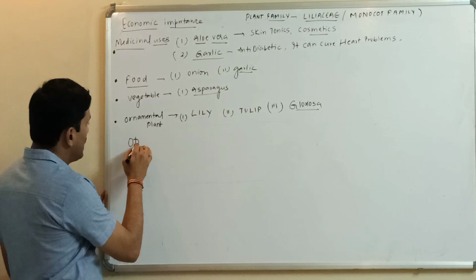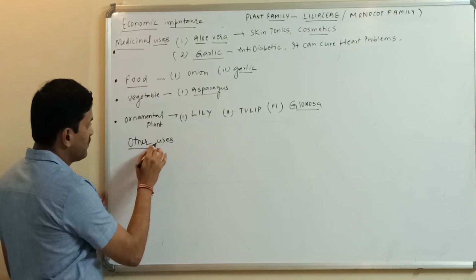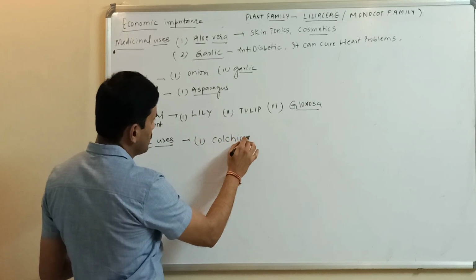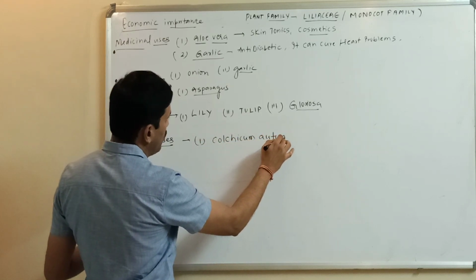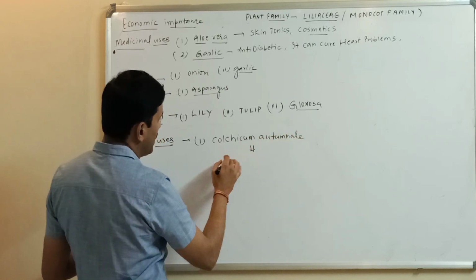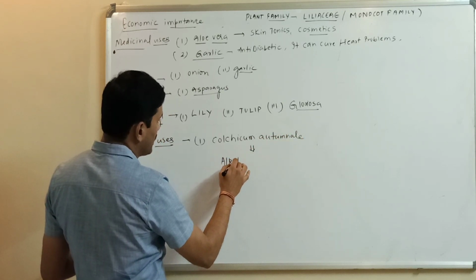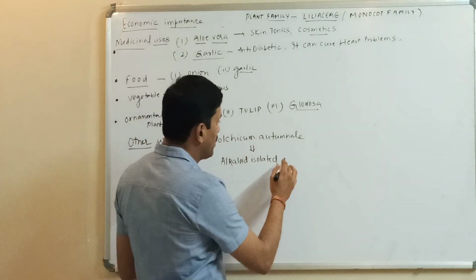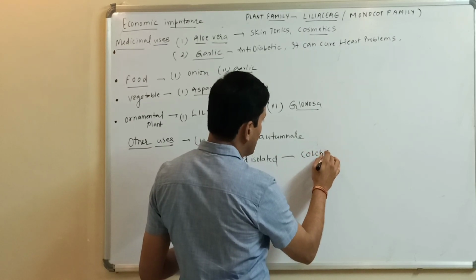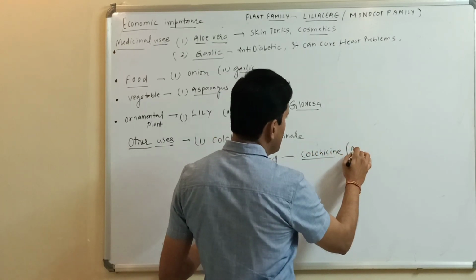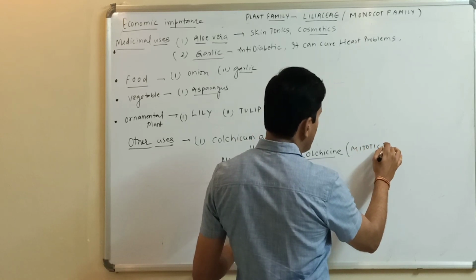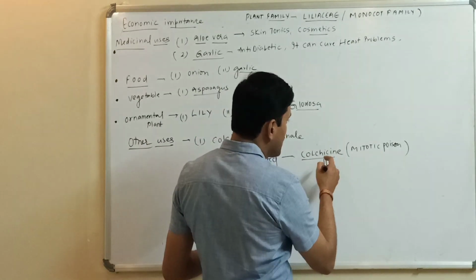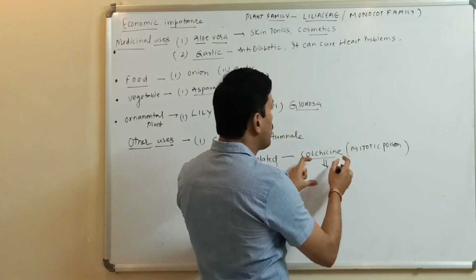Now coming to some other uses. See, there is a plant known as Colchicum autumnale, very important. From this Colchicum autumnale, alkaloid is isolated, and that alkaloid is called colchicine. And this colchicine is a mitotic poison. And what does it do?